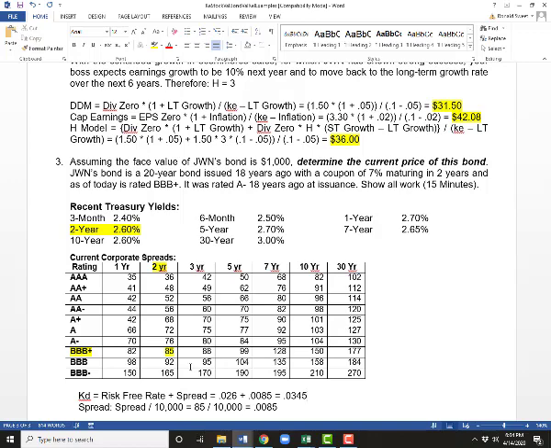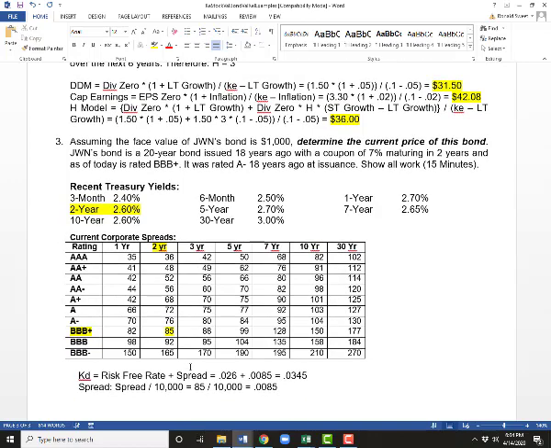And then what you need is your effective yield. You'll just have to learn this formula. It's a formula everybody knows. The effective yield is 1 plus the KD divided by 2, raised to the power of 2, minus 1. So just remember that formula. When you do that, you get an effective yield of 0.0348. Remember, your effective yield will always be greater than KD.